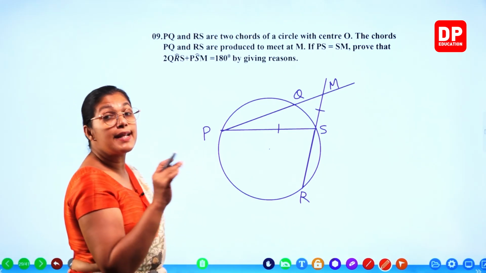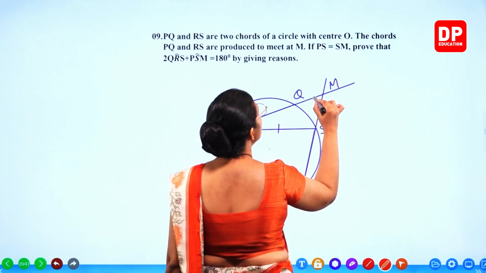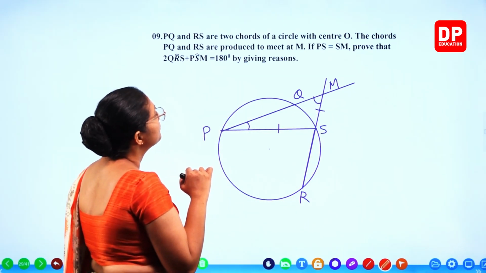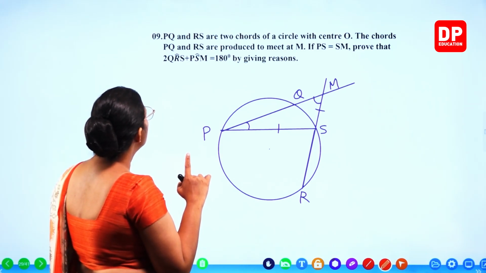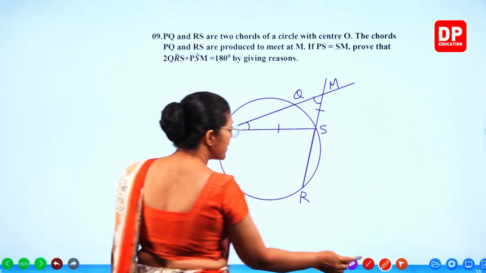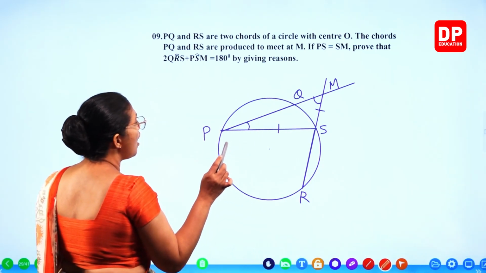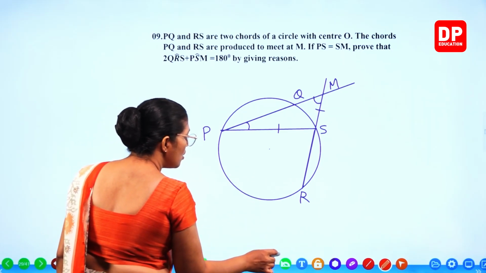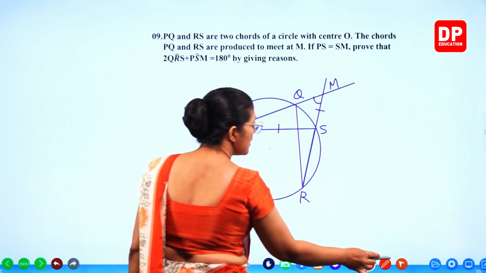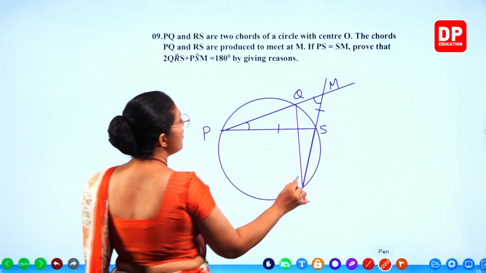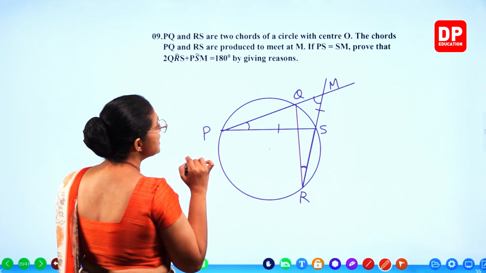So that means it's an isosceles triangle. So this angle should be equal to this angle. Prove that 2 times QRS. So you have to mark this here. We'll connect this. Angle QRS is 2 times this angle plus PSM.